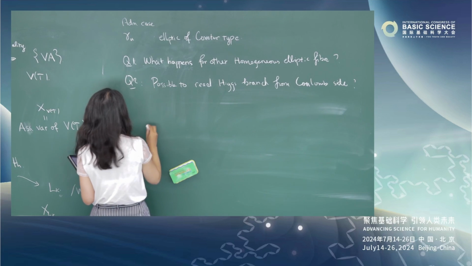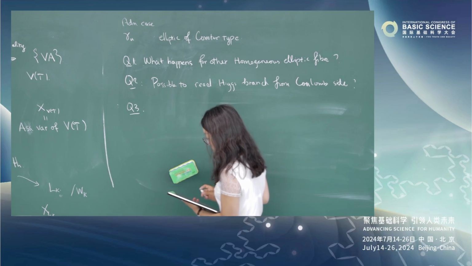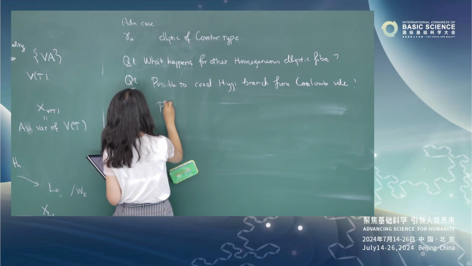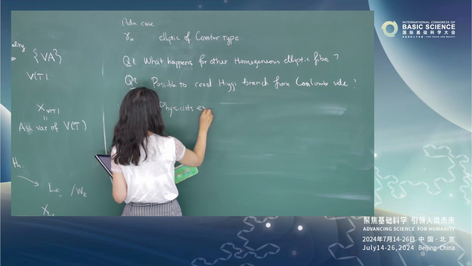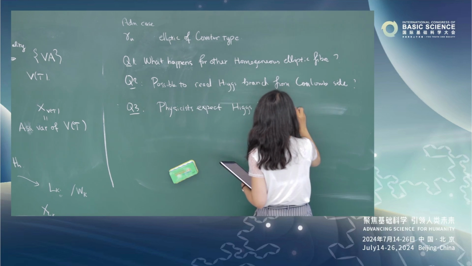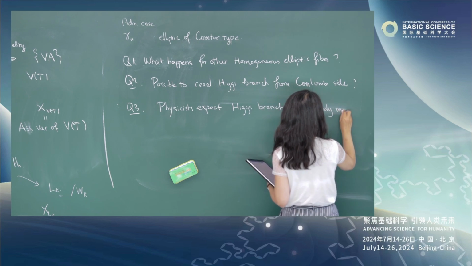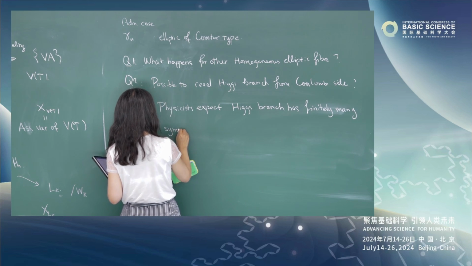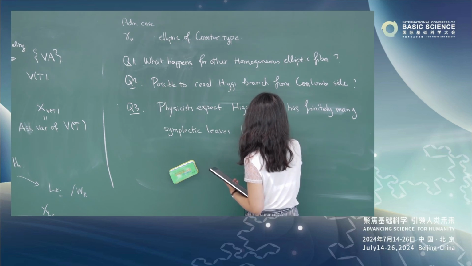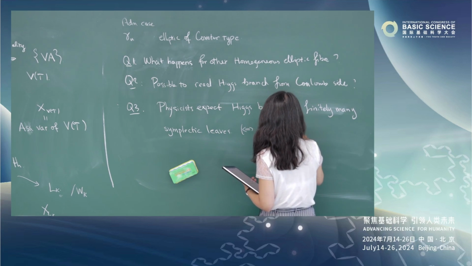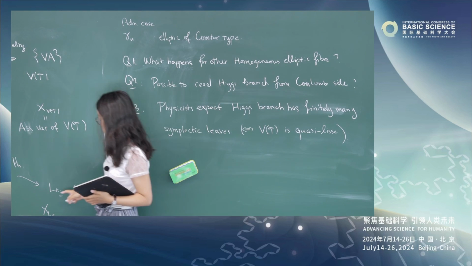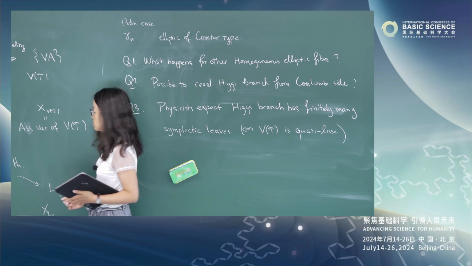And finally, there's a prediction from physicists that all the Higgs branches should have only finitely many symplectic leaves. And this, by definition, means this vertex algebra is so-called quasi-lisse. But there are examples which show that this L kappa is not always quasi-lisse.